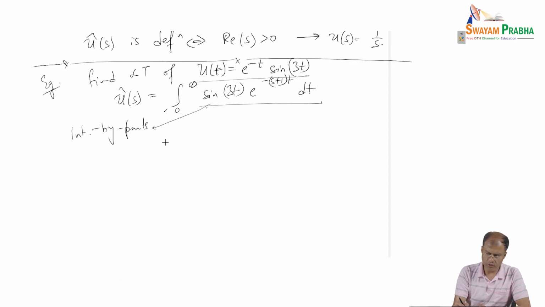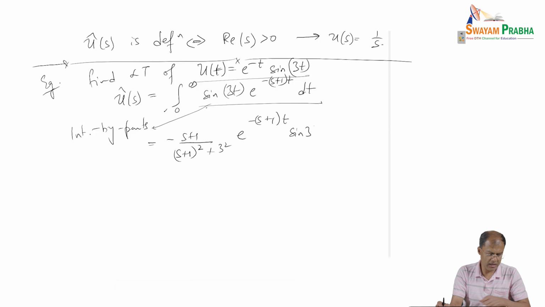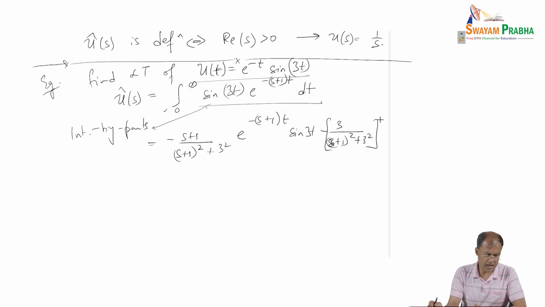Okay, so we do that, we find that this is minus s plus 1 by s plus 1 square plus 3 square times e to the power minus s plus 1 times t sine of 3t, minus 3 by s plus 1 square plus 3 square times e to the power minus s plus 1 t times cos 3t, and this is evaluated from t equal to 0 to infinity, and this is also equal to 3.